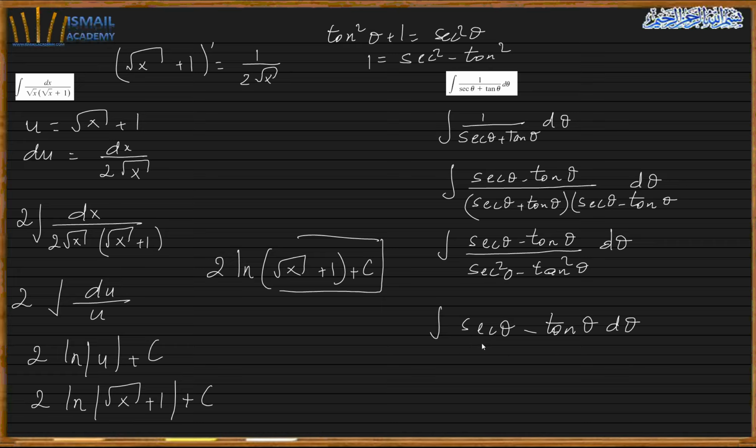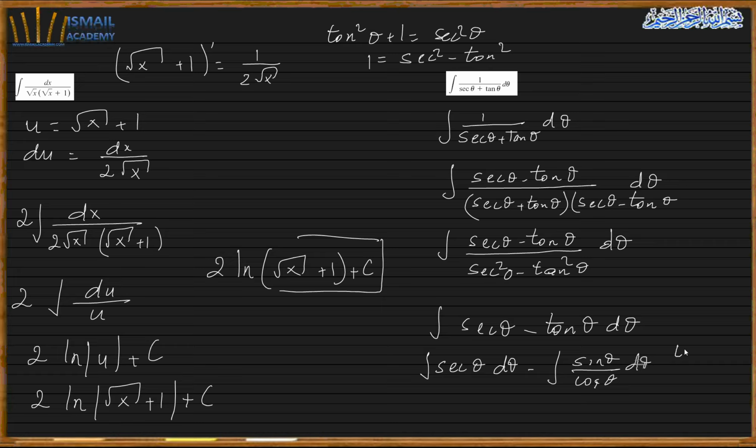The integral of secant is ln secant plus tangent, and here I will have sine over cosine, so I'm going to use substitution here. Let me split the integral: the integral of secant theta d theta minus the integral of sine theta over cosine theta d theta.